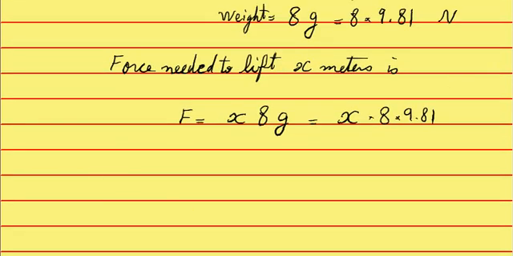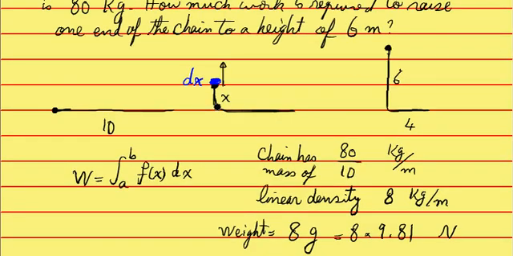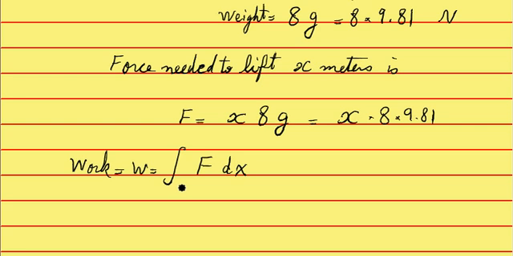So I now come and say the work that I'm doing, W, is equal to the integral of F dx. Now what is A, what is B? At the beginning I'm lifting up, but just barely lifting it up, so x is 0. At the very end, x in this problem is 6. We are not lifting the entire chain. 4 meters of it stays on the ground, so we are going from 0 to 6.